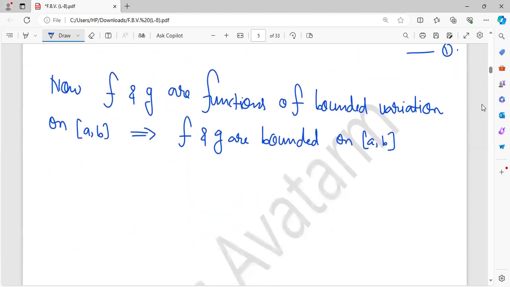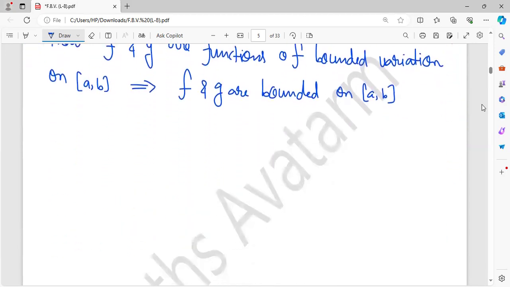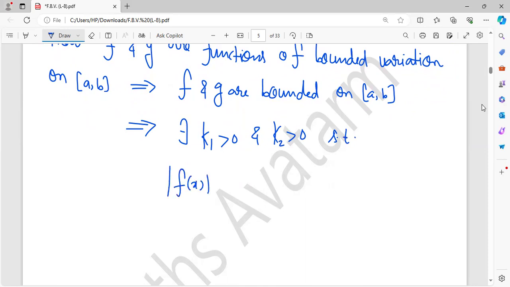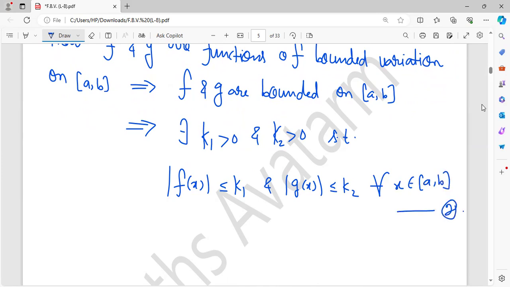So this implies there exist K1 greater than 0 and K2 greater than 0 such that |f(x)| is less than K1 and |g(x)| is less than K2 for all x belonging to the closed interval [a, b]. Okay, that is equation number 2.